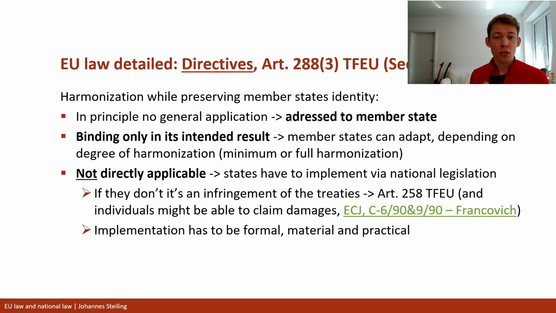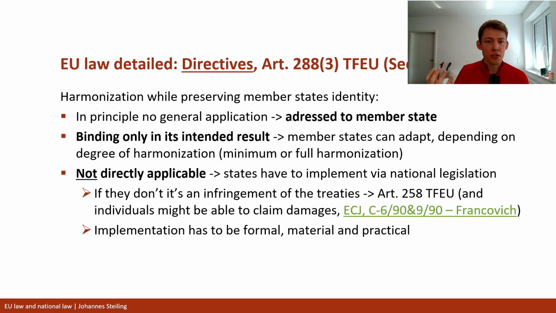And the second thing that I already mentioned quickly in the beginning is Francovich. So the ECJ decided that, well, if your national state doesn't implement something like a directive, and you get damages from that, for example, you don't get your right to withdrawal, or you don't get your 2-year guarantee on your newly bought smartphone, and you get damages from that because now you can't invoke a certain right, then you can sue the state under the Francovich criteria.